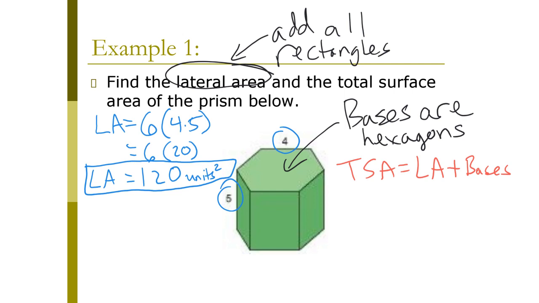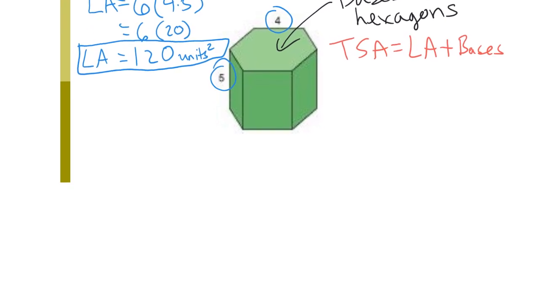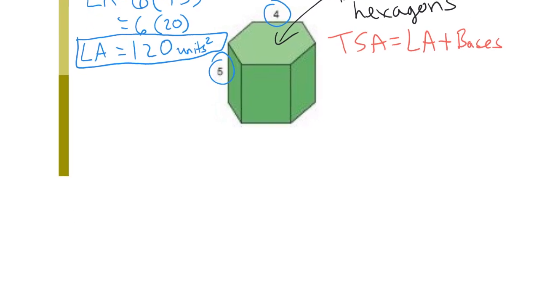Well, our bases are a whole other beast here. It's a regular hexagon, so I'm going to draw that up. I'll do this one in red. I've got my center here, and then I'm going to draw a triangle in.